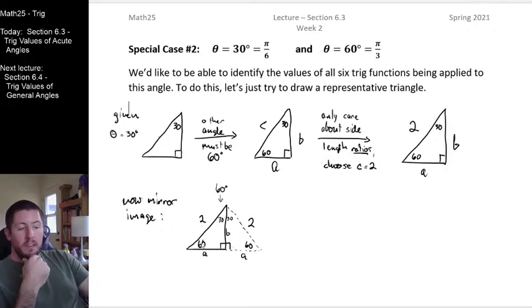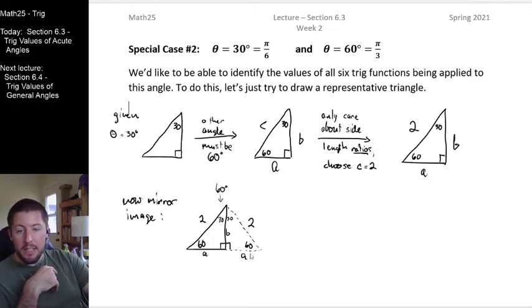So what I just discovered is that if I mirror image this 30, 60, 90 triangle over itself, then I'm actually getting a 60, 60, 60 triangle. This external triangle here is not a right triangle anymore. All three angles are equal, therefore all three sides must be equal. So 2 is the same as 2 is the same as 2A.